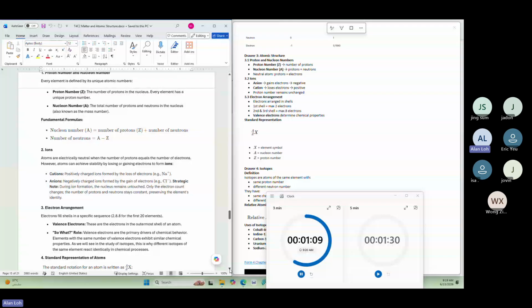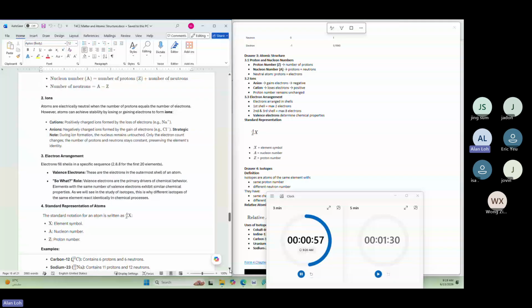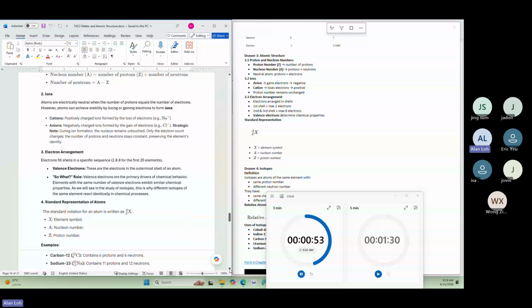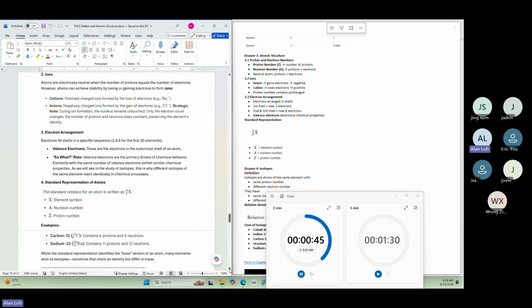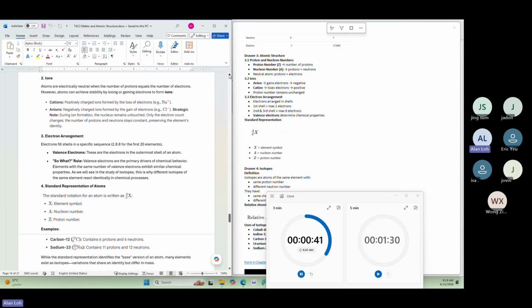Okay, it should be 0.2 or 0.3. It should be 0.3 or 0.4 now. I think now it makes more sense.